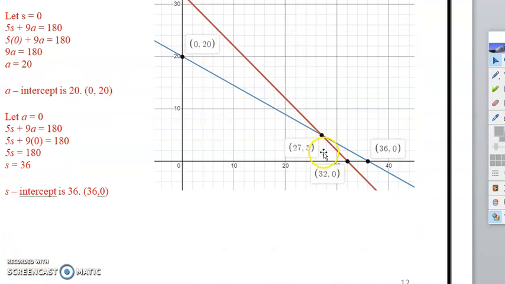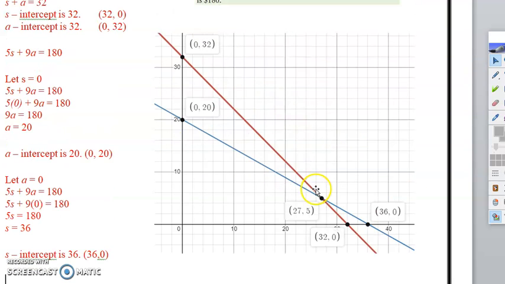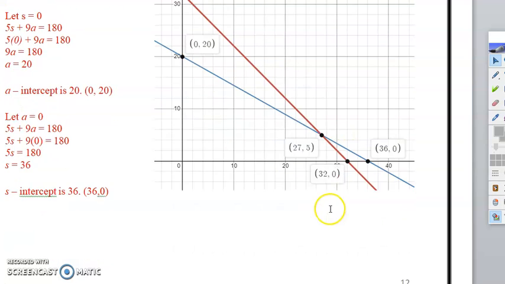And like I said, if you did it perfectly with your graph paper, and I'm going to do that with you on the board, it would be exactly at 27, halfway between 26 and 28, and then exactly at 5. You would see that, right? And again, that's an estimate, but I know it was 27 and 5 because they used the Desmos program, right?